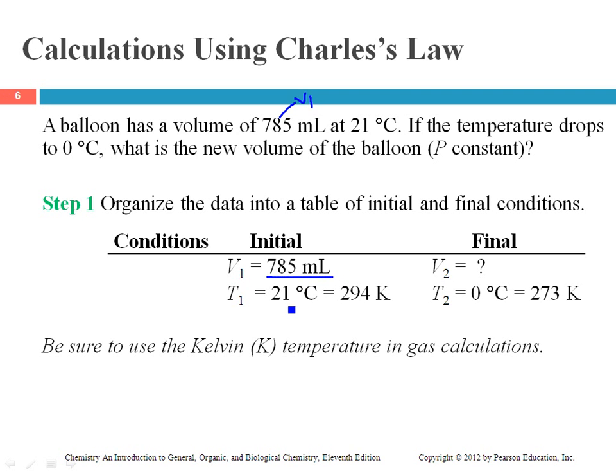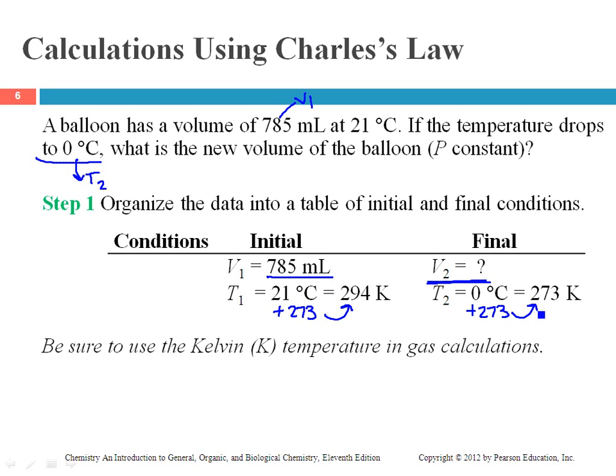Our T1 is 21 degrees C, but all of our gas laws have to be in Kelvin, so we add 273 to give us 294 Kelvin. We're looking for the new volume, and our temperature drops. This is our T2, and 0 degrees C is the same as 273 K.